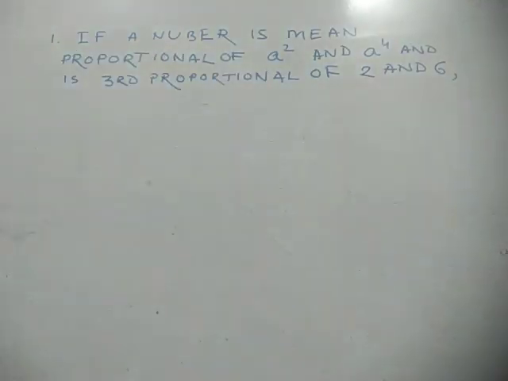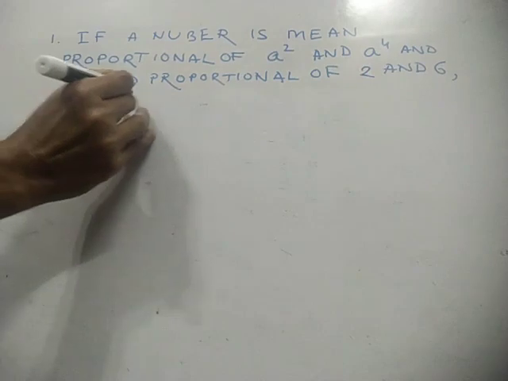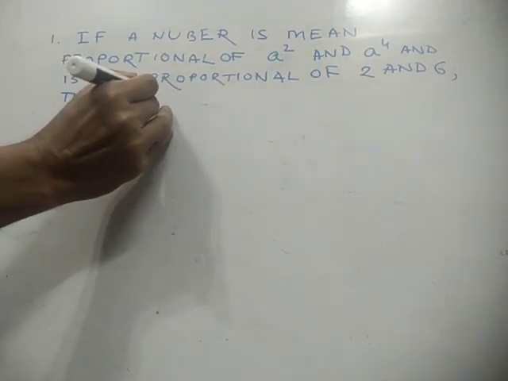Option A given 9, option B 18, option C 27, option D none of them.